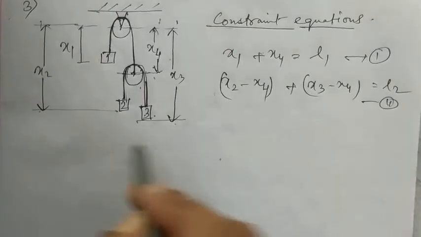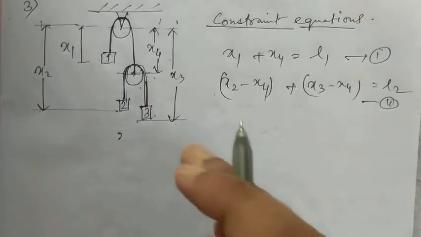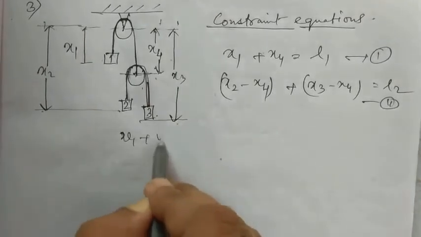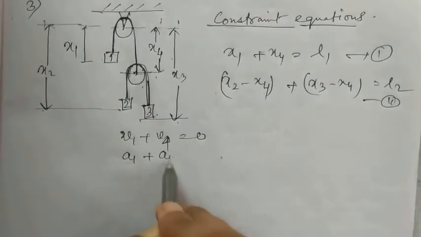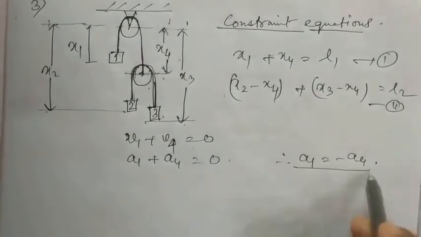From 1, if we take the derivative of the displacements, v1 plus v4 is equal to 0, and taking another derivative, a1 plus a4 is equal to 0, therefore a1 is equal to minus a4.